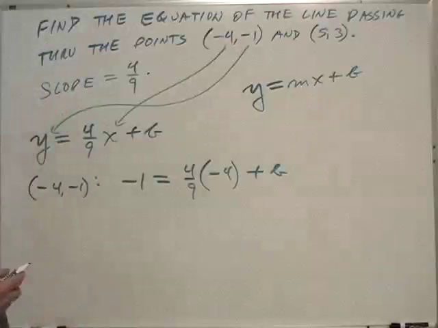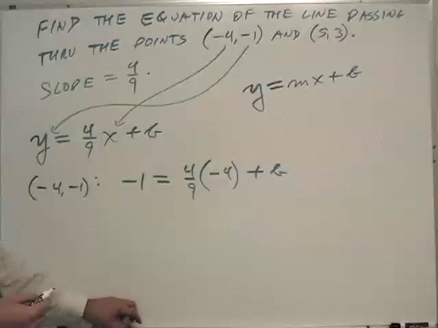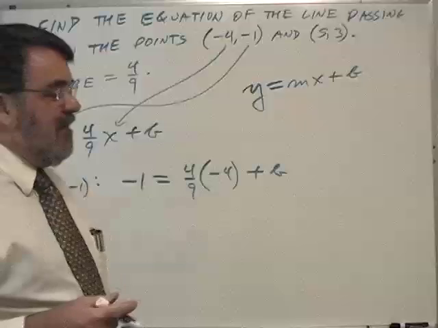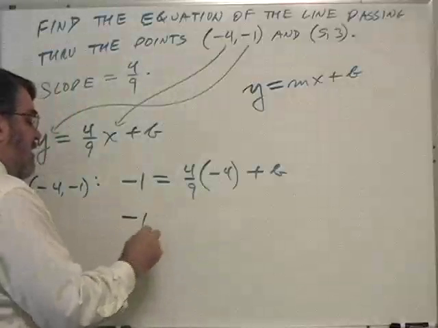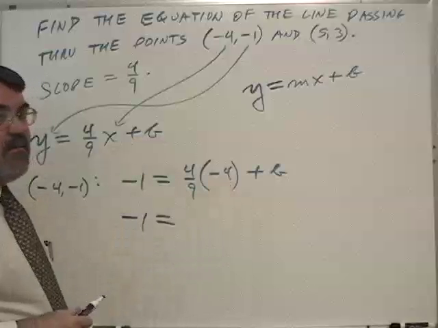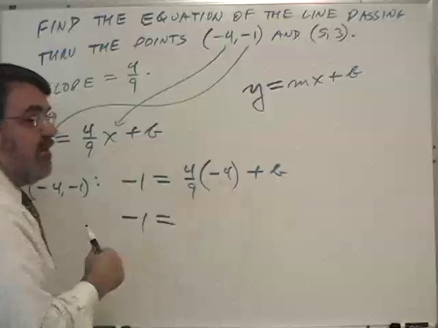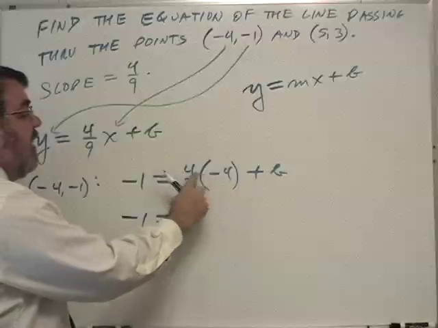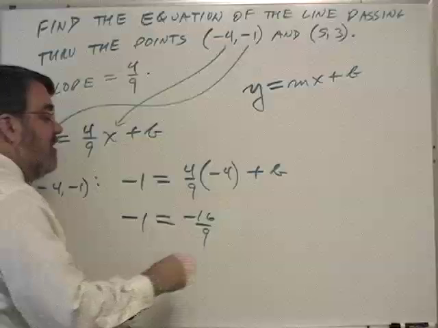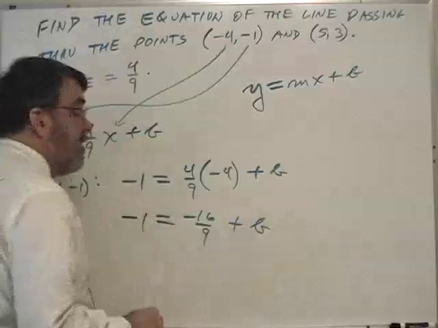So we need to solve for b. And I know a lot of algebra students just hate fractions, but they're really not that bad. At least not this one. What is -4 times 4/9? Well, -4 is a numerator, so I have -4 of those, that makes it -16/9 plus b.